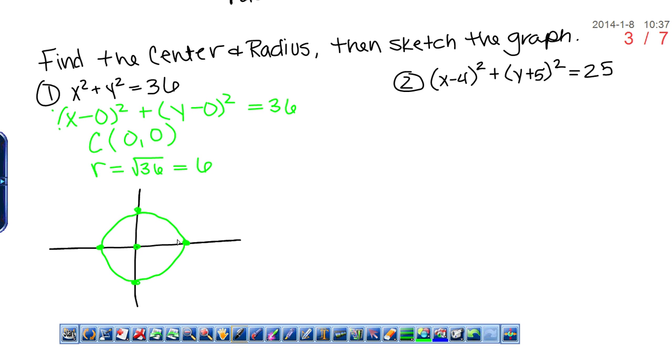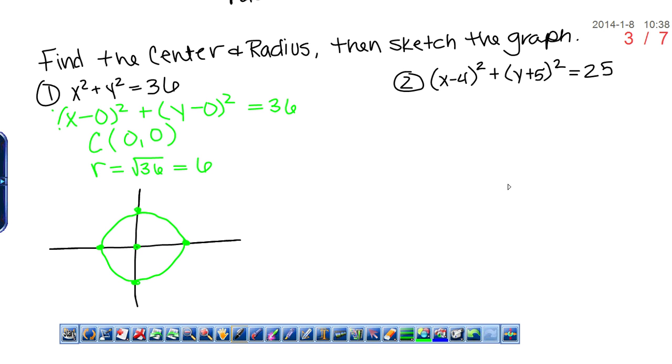Okay, let's try number 2. We have (x minus 4) squared plus (y plus 5) squared is equal to 25. Okay, now remember when we did transformations, anything inside the parentheses was opposite of what you thought, right?